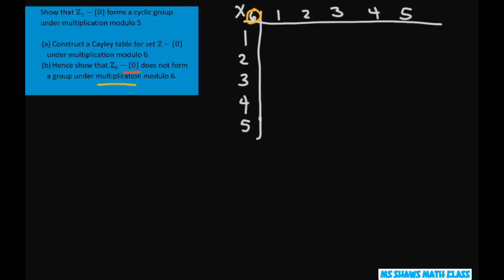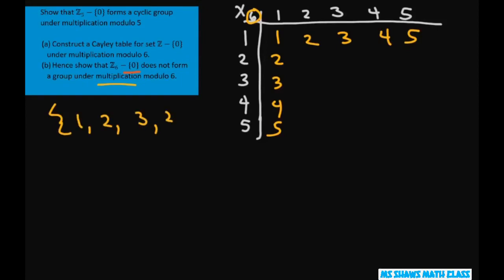So 1 times 1 is 1, and the headings are 1, 2, 3, 4, 5. So our group should have the set 1, 2, 3, 4, 5.